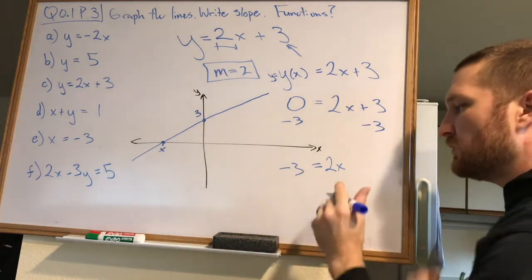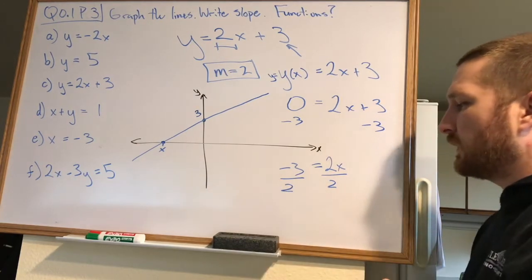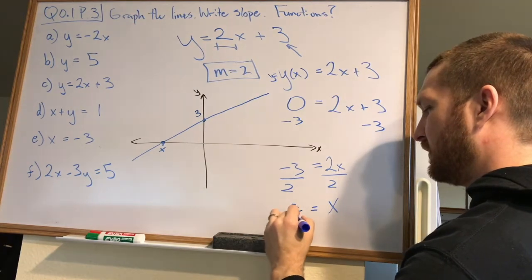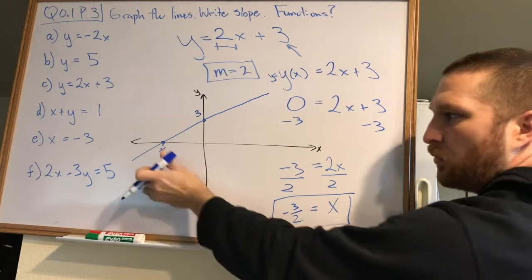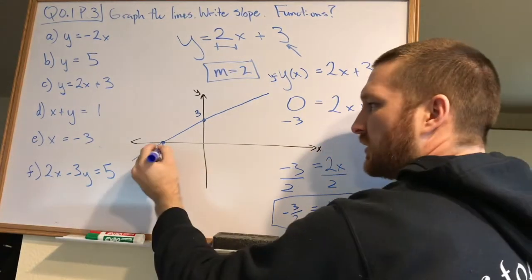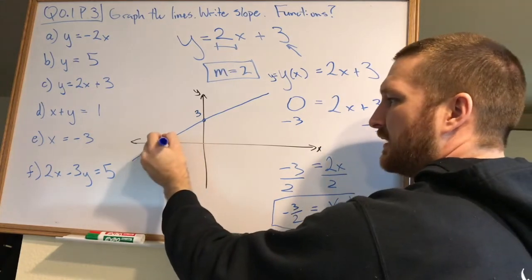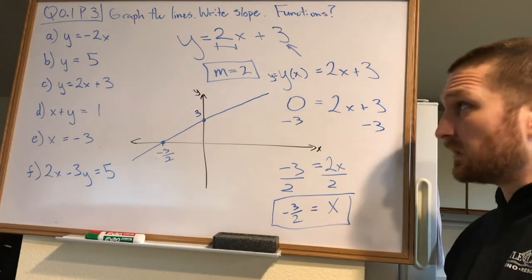To undo multiply by, I divide by. So now we have x equals negative 3 halves. That should be that point right there. So negative 3 halves is there, and we are done. That's what I expect. Good to go.